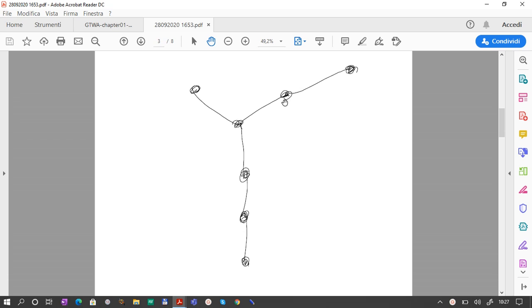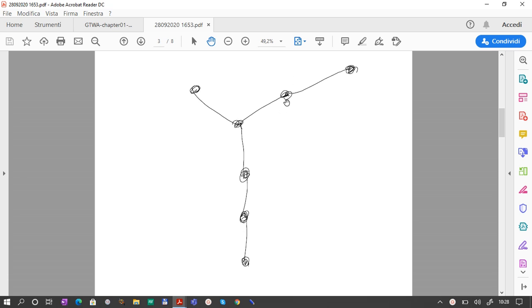Not in a very different way, we can look at other vertices. For instance, we have 3 vertices of degree 2. Can this vertex of degree 2 be transformed into this? No. Why?